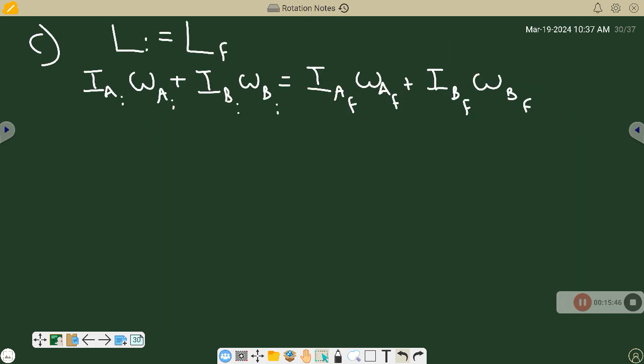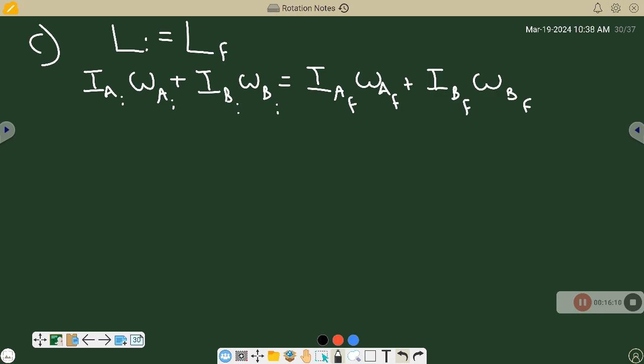This is the difficult one, part C. Object B falls, hits object A, and they stick together and start spinning together. Here I'm going to use this big, long-winded conservation of angular momentum equation. It's basically the same as what we did for conservation of linear momentum, just with the angular versions swapped in.